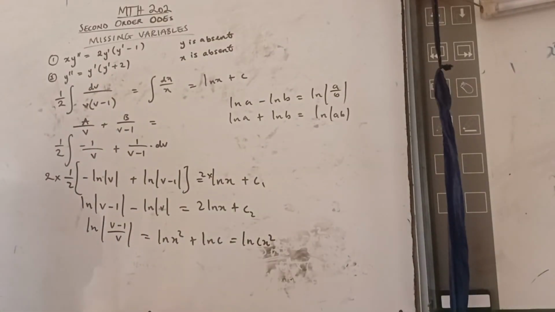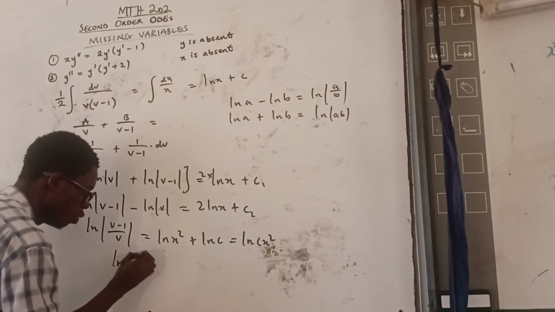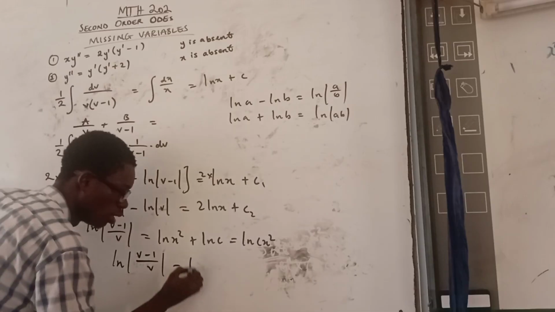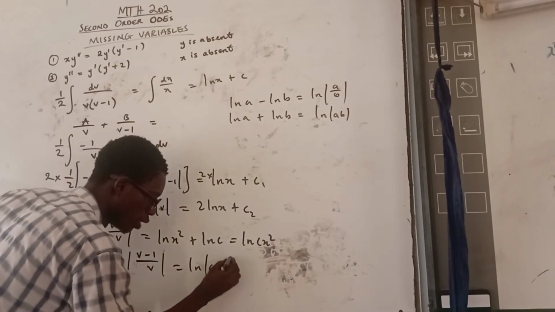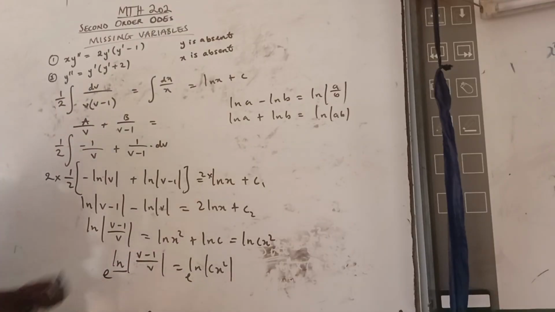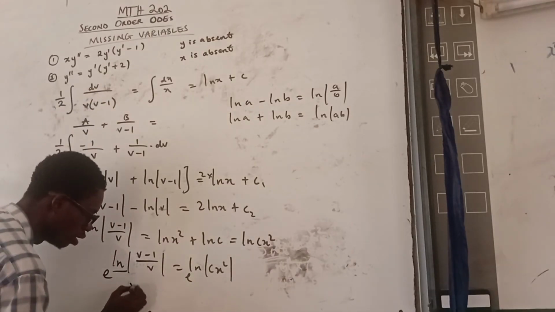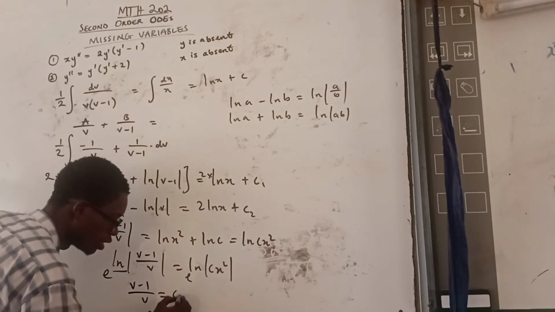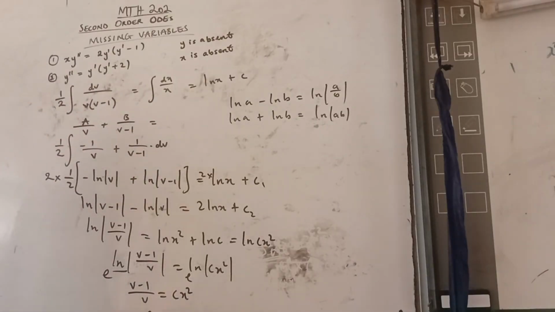Now we have ln of (v minus 1) over v equals ln (cx squared), which means if we raise both to the power of e, both of these ln's go out, so (v minus 1) over v is equivalent to cx squared.